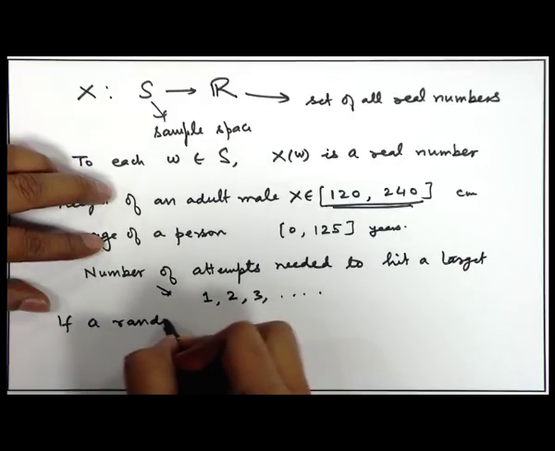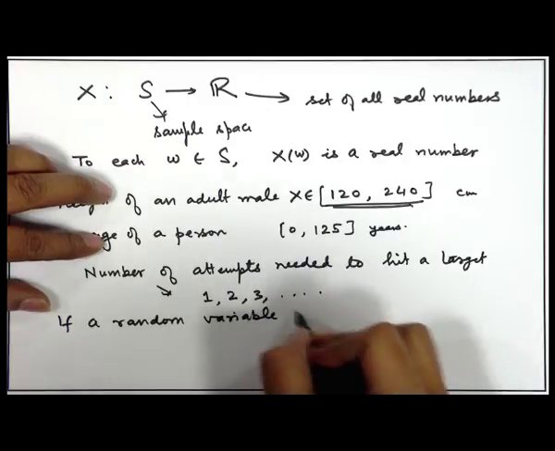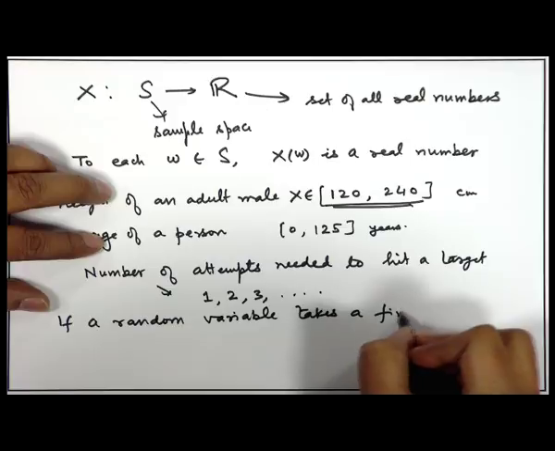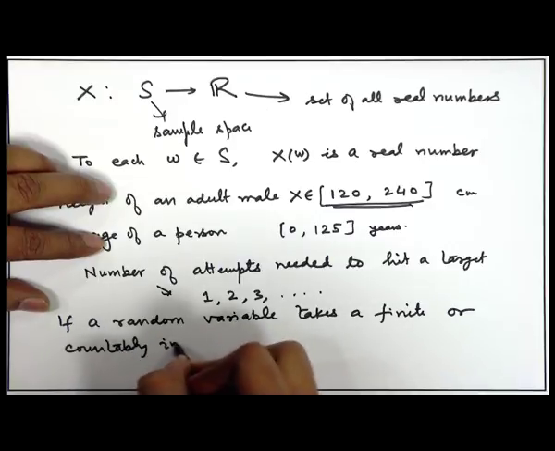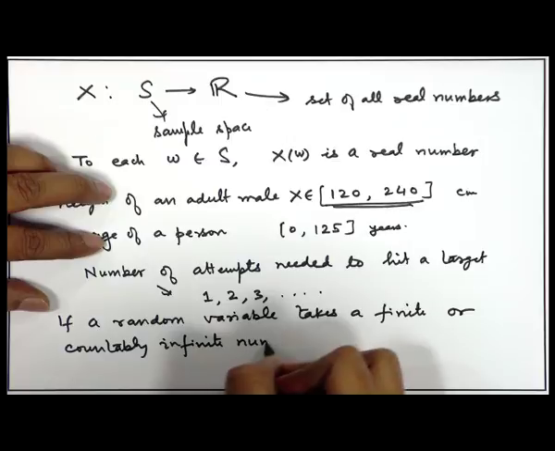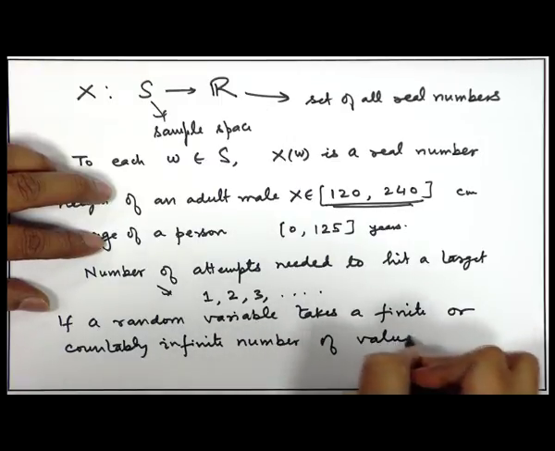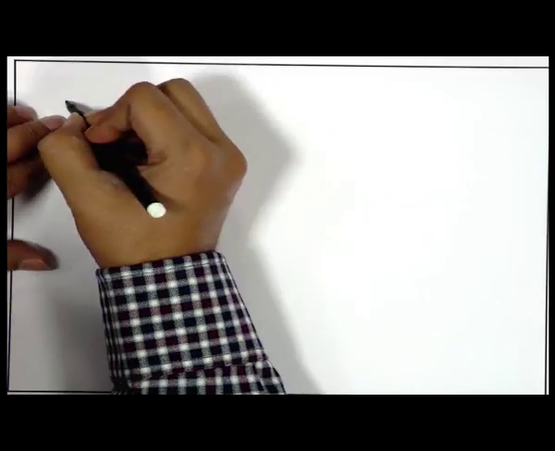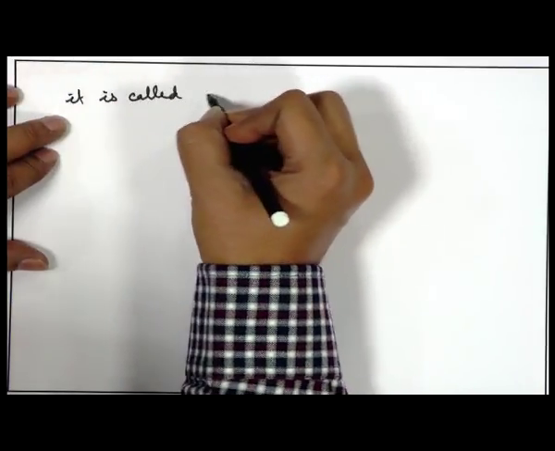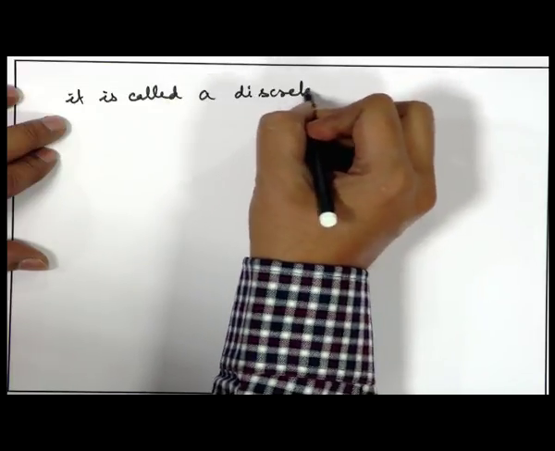So, I will describe in detail the probability distribution of a discrete random variable, how to find out its expectation or the mean, etc. So, if a random variable takes a finite or countably infinite number of values, then it is called a discrete random variable.